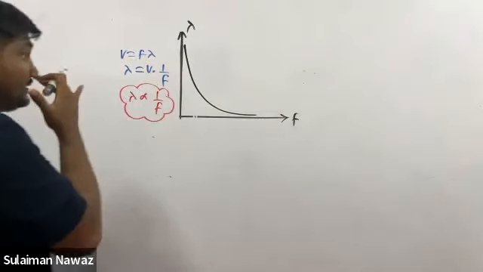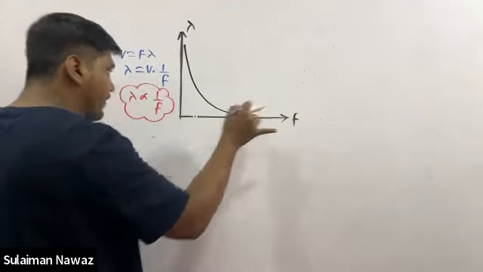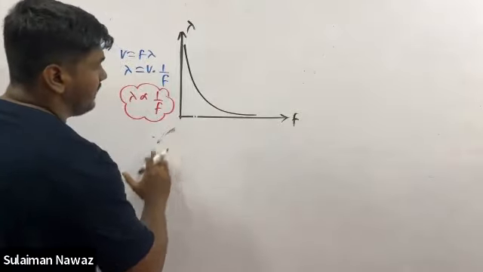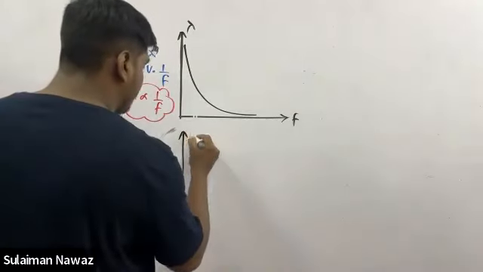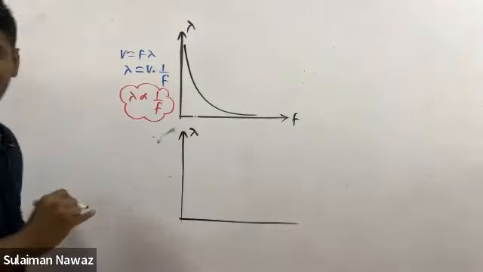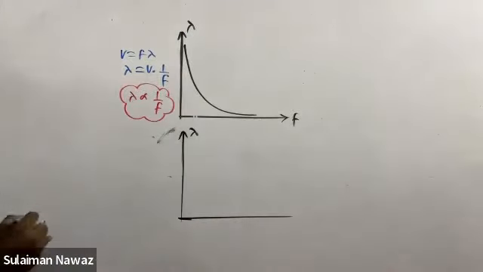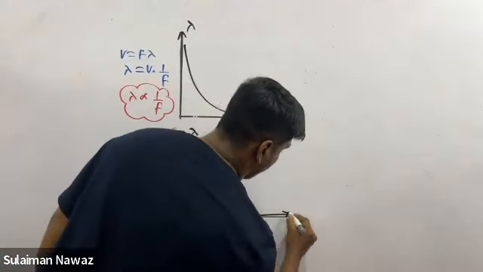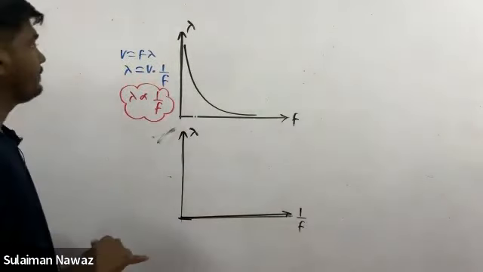Now draw the graph again. This time your x-axis is not frequency, but your x-axis is 1 over f. In that case, how would the graph be?